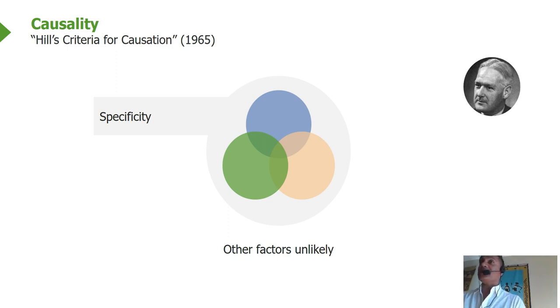Is there anything else that might be causing that effect? Are they living near smokestacks? Are they taking large amounts of benzene? Is there a genetic predisposition? So if we can rule out to some large extent the significant role of other factors, we say that this relationship, this outcome, is specific to this exposure. It doesn't have to be perfect, but it helps.